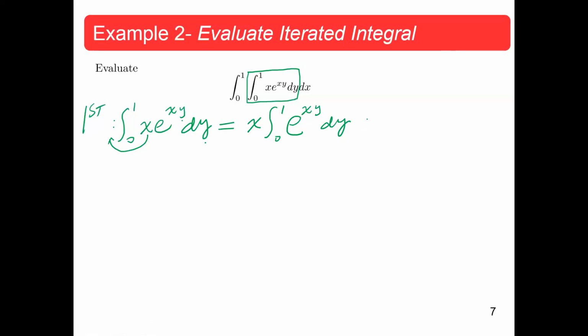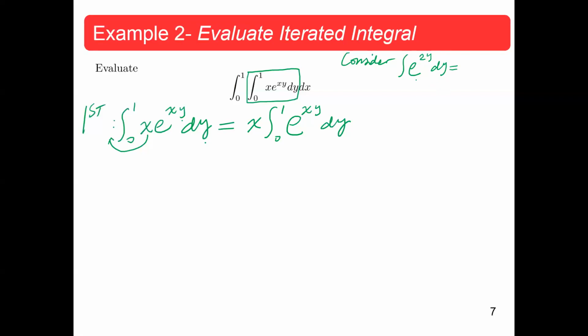Okay, now you should consider what the antiderivative is. Again, y is the variable, so you can always use some simple example to help you find the antiderivative. You may not be very familiar, so you can consider some easy cases. The integral of e raised to 2y dy, right?